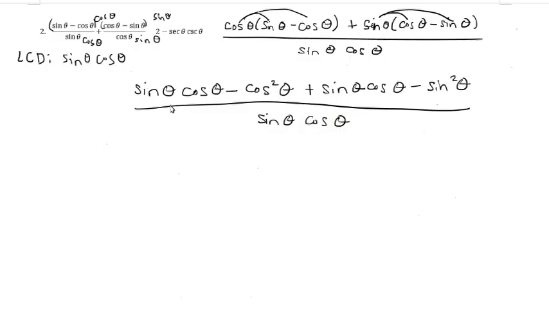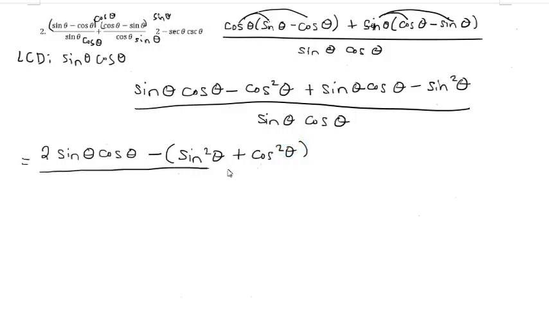Okay, so now notice that if we combine like terms, we have 2 sine theta cosine thetas and we have a minus sine squared and a minus cosine squared. What I'm going to do is factor out a minus from that, and I'm going to get positive sine squared and positive cosine squared.